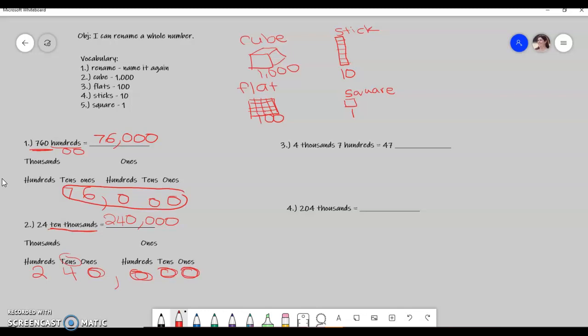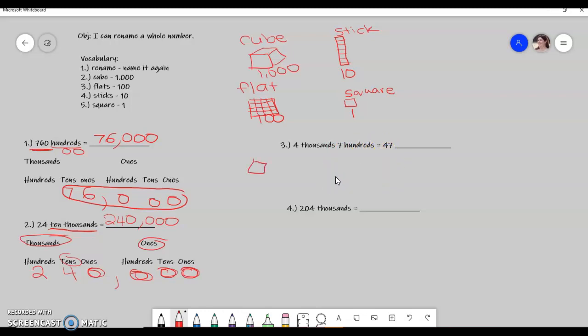Okay, so that's how you can do it with place value, using hundreds, tens, and ones, and the different periods, ones and thousands. The other way is to draw it using cube, flat, stick, and square. So if we look at the first one, number 3, 4,700. I'm going to draw 4,000s.